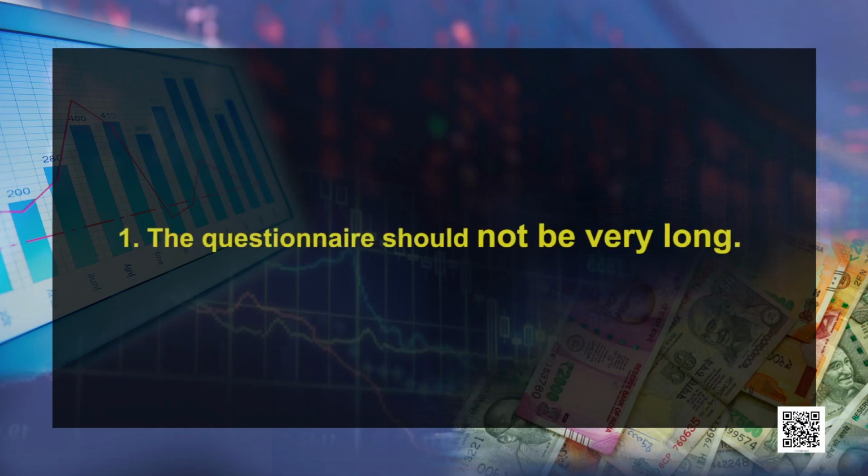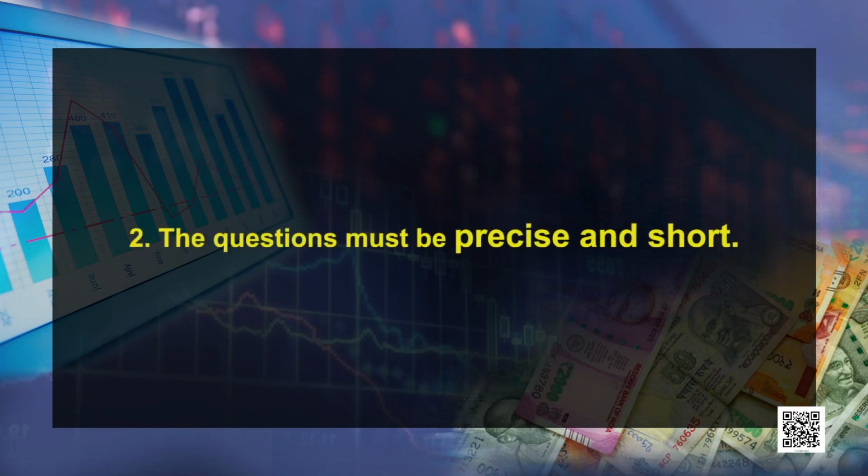While preparing the questionnaire, the following points should be noted. Number 1. The questionnaire should not be very long. A lengthy questionnaire may tire out both the enumerator and the respondent. Number 2. The questions to be included in the questionnaire must be precise and short.